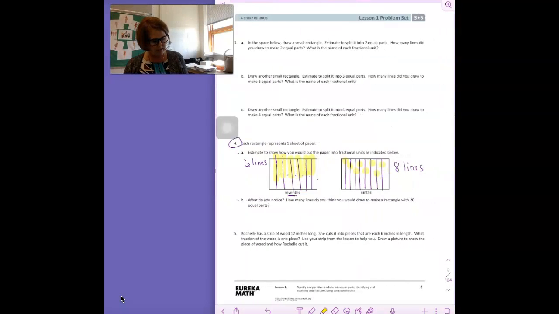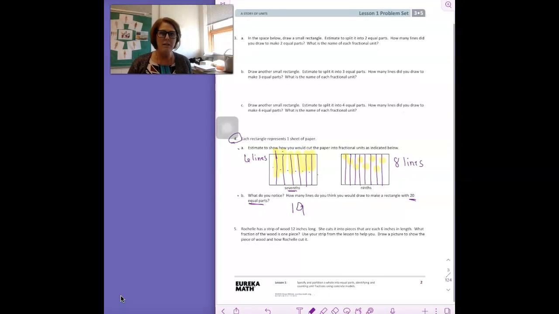So what do you notice about the number of lines we draw and the equal parts we get? If you said we draw one less line than the number of equal parts we want, you are correct. So if we had a rectangle and we wanted 20 equal parts, how many lines would we need to draw? 19. Outstanding.